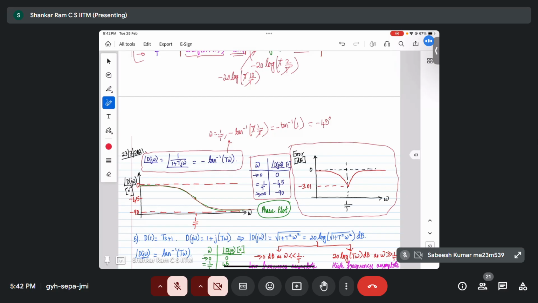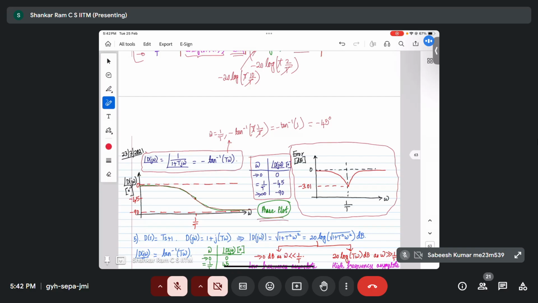So essentially, we have the phase following a nonlinear trajectory with respect to omega, in the shape of a tan inverse, right? So this is the phase.